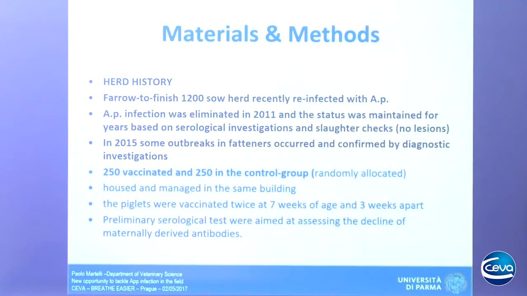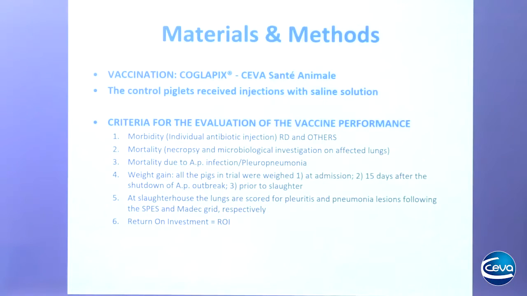And the preliminary serological tests were aimed at assessing the decline of maternally derived antibodies. So we decided to vaccinate at 7 weeks of age, just because the level of maternally derived antibody has disappeared or something like that. Okay. The vaccine was Coglapix from Ceva Santé Animale.